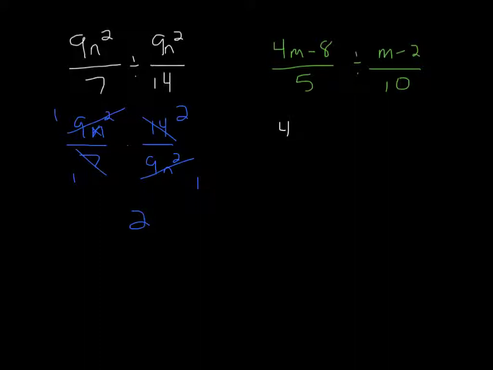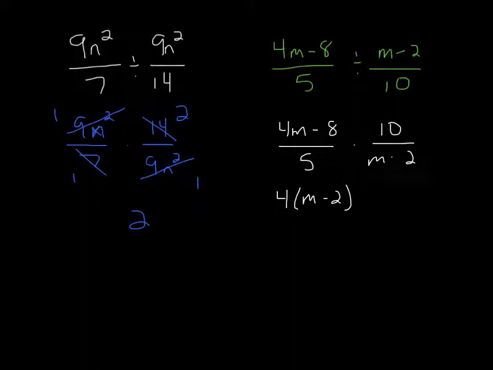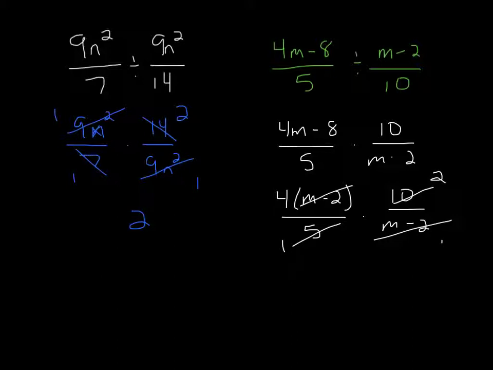We've got 4m minus 8 over 5 times 10 over m minus 2. Do some factoring: 4 times m minus 2 over 5 times 10 over m minus 2. The m minus 2's cancel. The 5 and the 10 cancel, becoming 1 and 2. And we are left with 8 over 1, which is just 8.